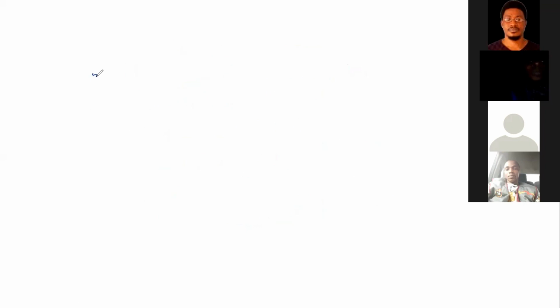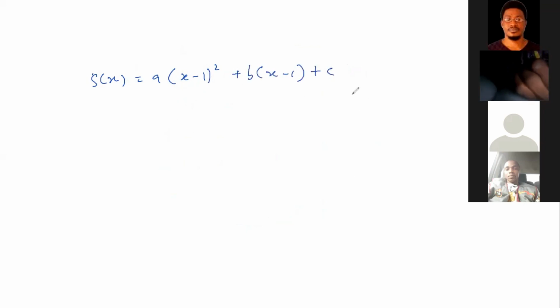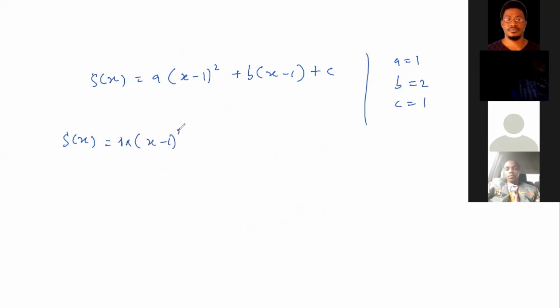Now, we already know that S of x is the same as A into bracket x minus 1 squared plus B into bracket x minus 1 plus C. And now we know that A is the same as 1, B is the same as 2, and C is the same as 1. So here, S of x will now be the same as 1 times x minus 1 squared plus 2 times x minus 1 plus 1.